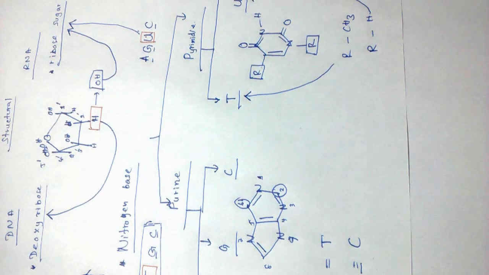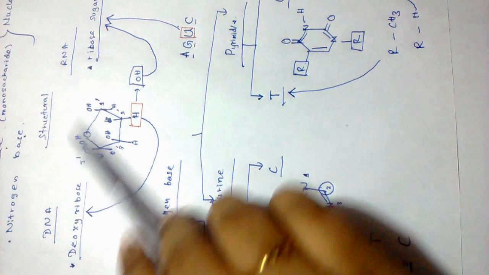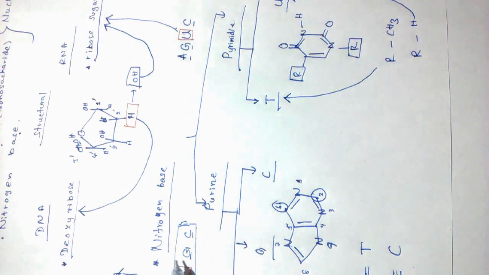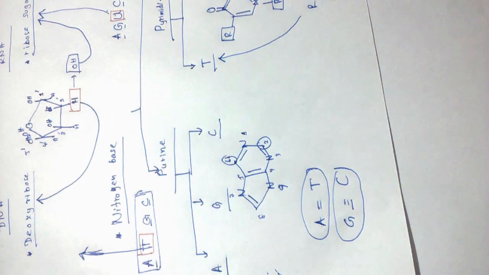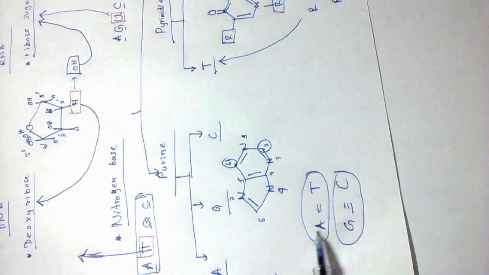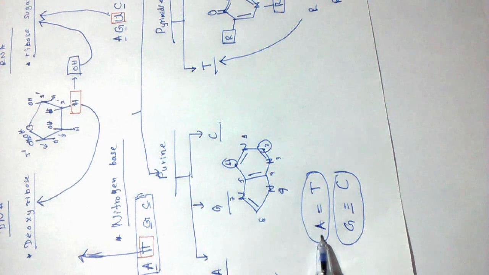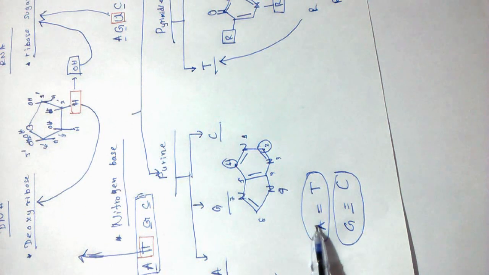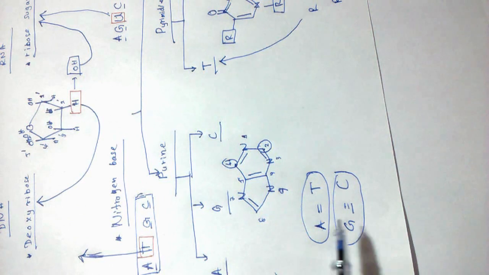So, these are the two structural differences. First one is the monosaccharide sugar and the other one is the nitrogen bases. A DNA molecule contains adenine, guanine, cytosine and thymine. Between adenine and thymine, there is a double bond. Between guanine and cytosine, remember there is a triple bond.